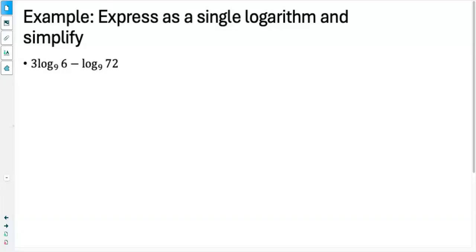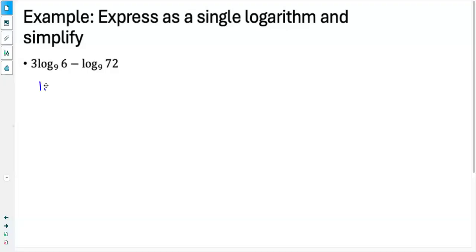Our next example is express as a single logarithm and simplify. So we've got 3 times log base 9 of 6 minus log base 9 of 72. So we're going to use those log laws to help simplify this. So first thing I would do is use a power law to bring this 3 in.